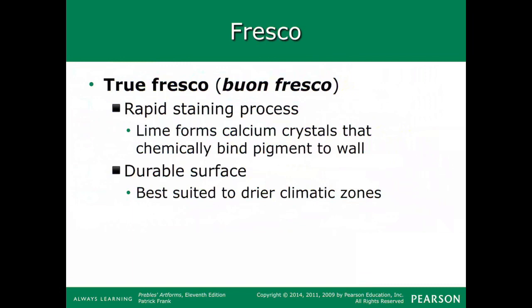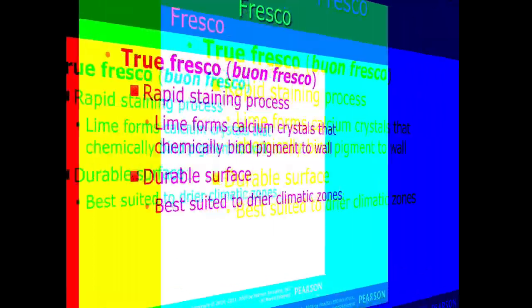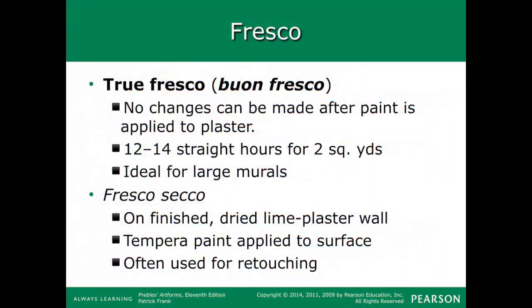When it comes to fresco paintings, it has to be on a durable surface, and it is best suited in drier climatic zones. It is better when it is used in a warmer region, because if it is too humid, then it'll just fade away relatively quickly.